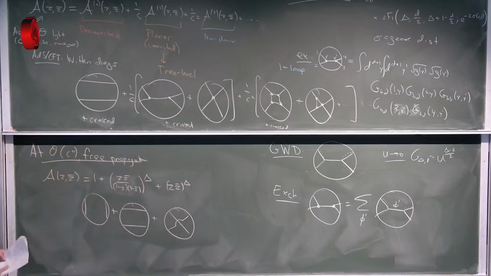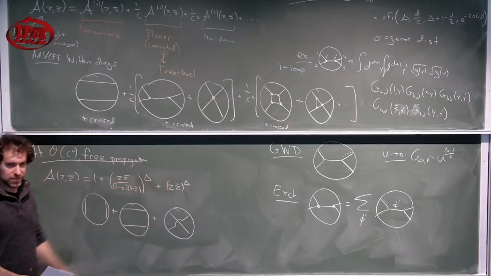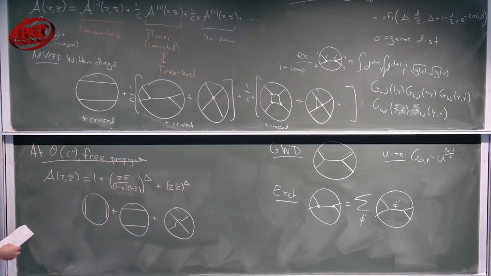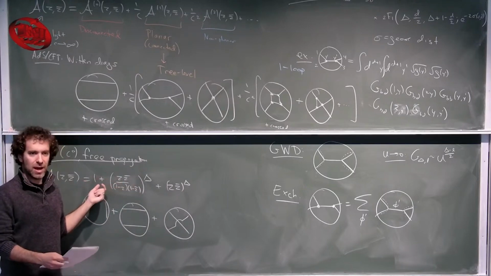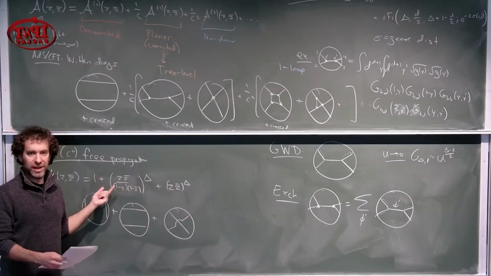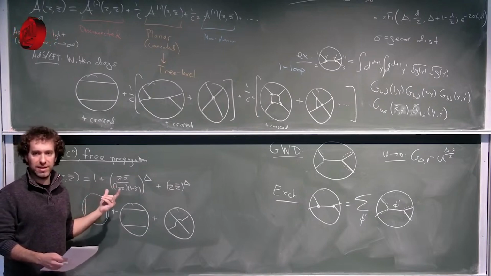Written like this, it's manifestly crossing symmetric, but now we decompose it into a fixed channel, and we get to extract the generalized free field OPE data.